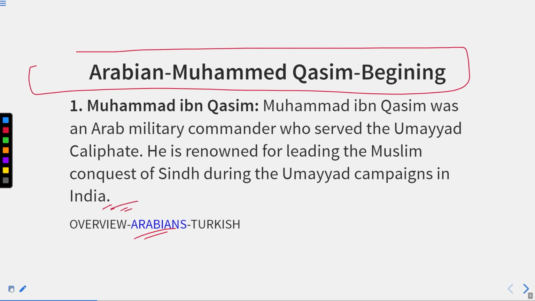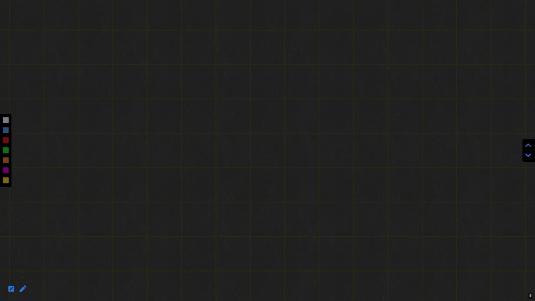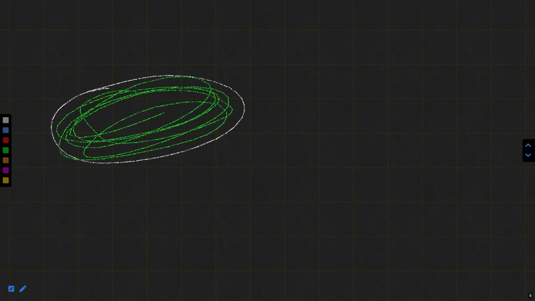All right, so thereafter, when the Islam captured the Arabian land, in order to enhance their resources and preaching of the religion, they started moving here and there.